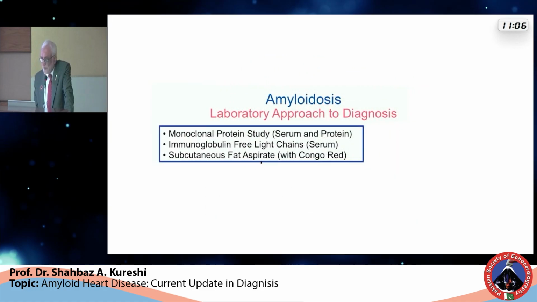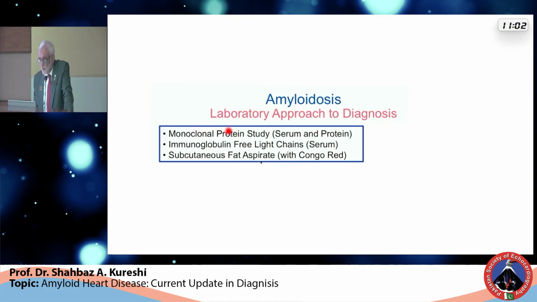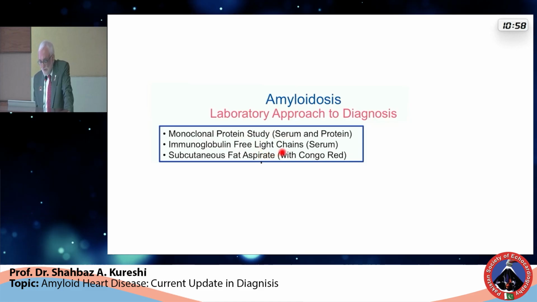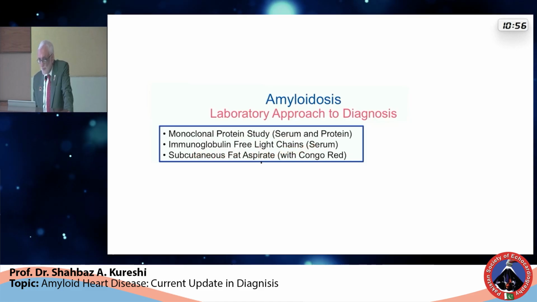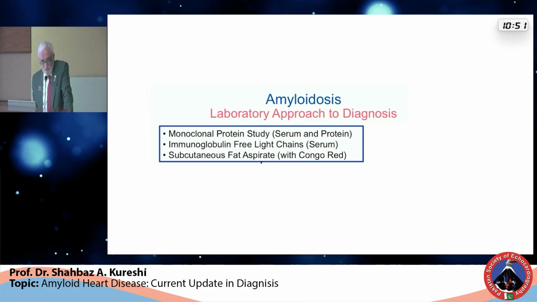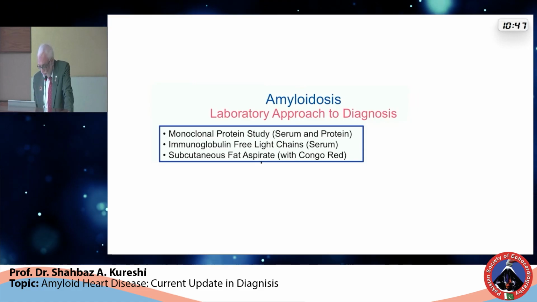When we approach the diagnosis of amyloidosis, we have the monoclonal protein study, immunoglobulin free light chains in the serum, and the subcutaneous fat aspirate. So you can aspirate the subcutaneous fat and thereby diagnose if the patient has amyloidosis or not.